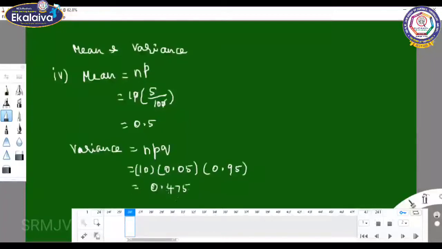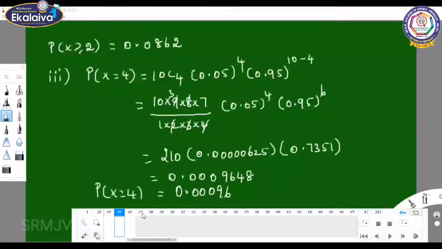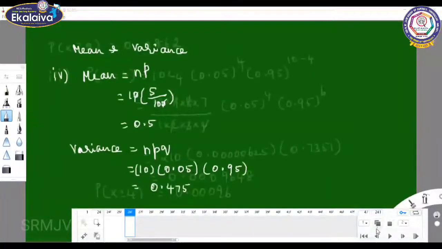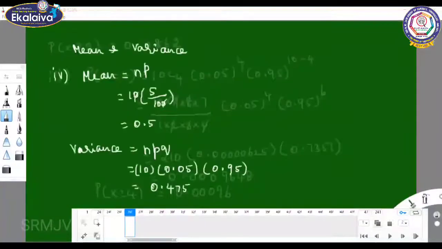So mean equals 0.5 and variance equals 0.475. Is it clear, children? See the next subdivision.